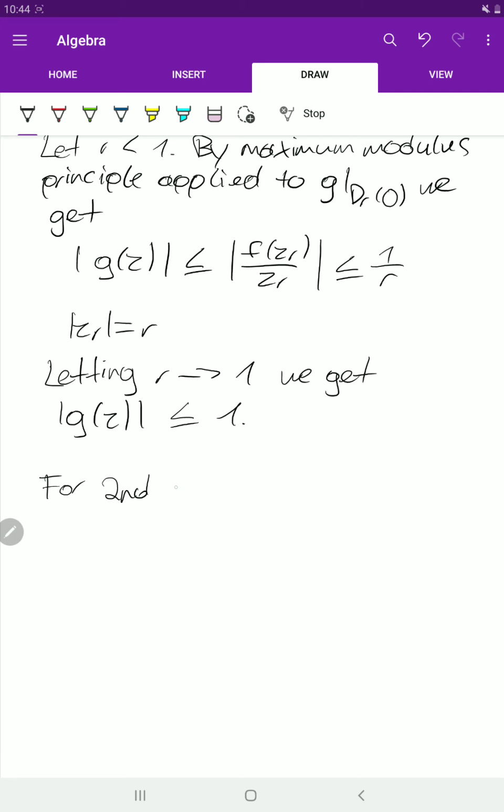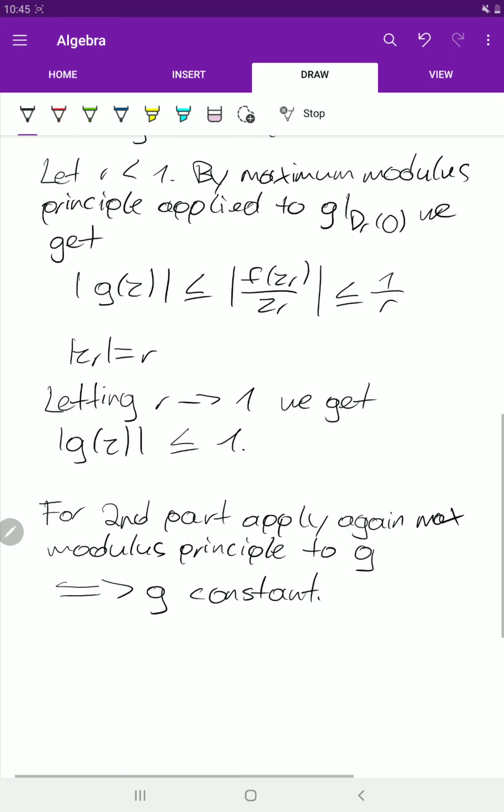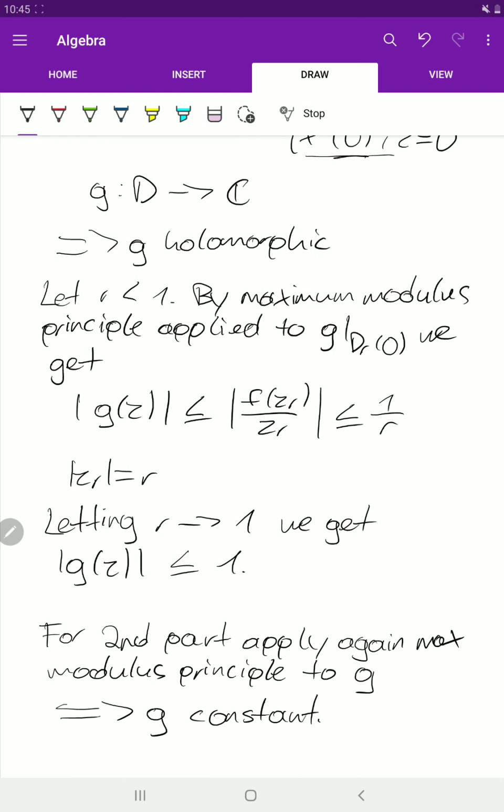And now we again apply the maximum modulus principle to g. And what do we get now? Well, we get that g is constant. So let's see why this is the case.